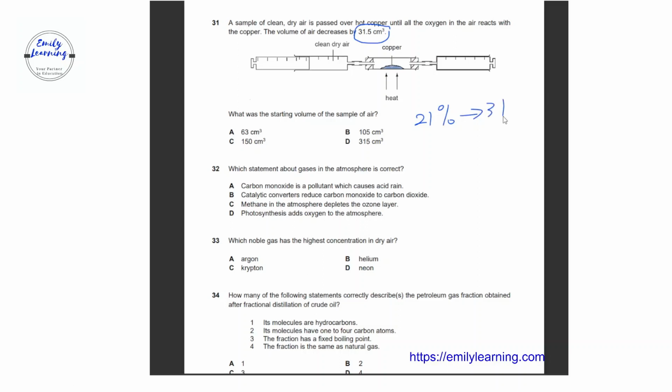So that means 21% is 31.5 cm3. To find 100%, we take 100 over 21 times 31.5. Type it into the calculator, which gives us a value of 150 cm3. So the answer is C.